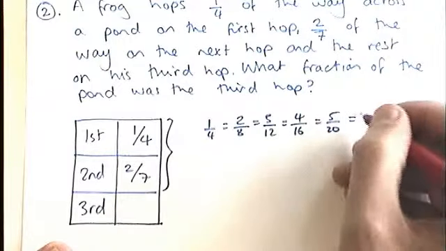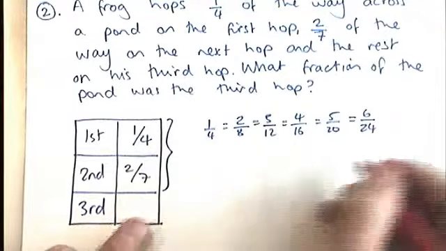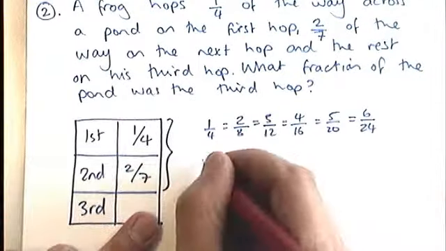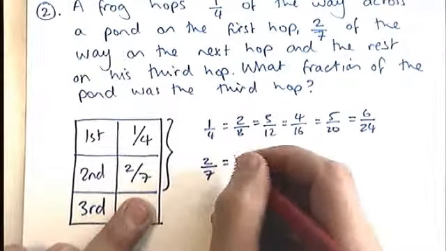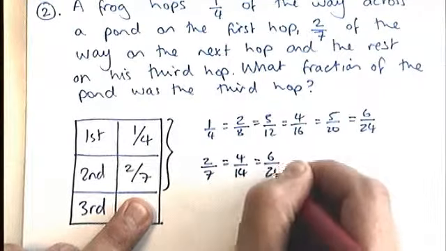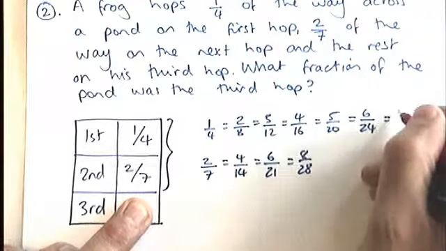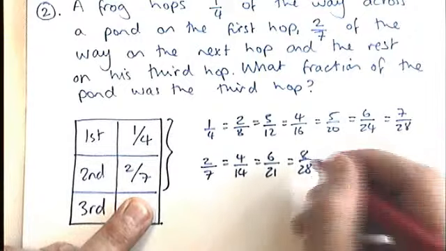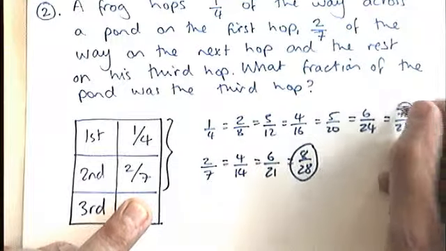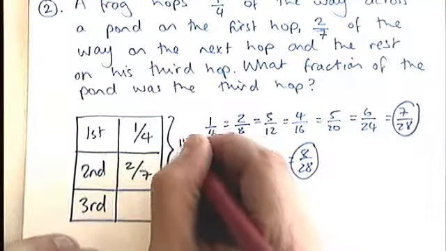This is the way I show my classes to do this, just to be really clear about where these fractions come from. So I do a list of a quarter, I do a list for 2/7, and I'm trying to find ones that are going to match up that I can add together. In fact, if I go to that one, there we go. So I've got 8 out of 28 and 7 out of 28, which together makes 15 out of 28.